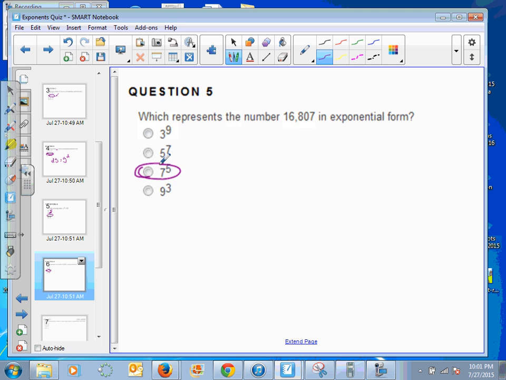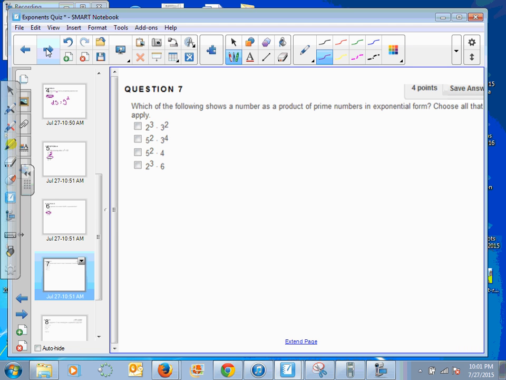All right, which of the following shows a number as a product of prime numbers in exponential form? Okay, prime numbers, quick review. The prime numbers are just the numbers that are divisible only by 1 and itself. So let's make sure that our choices have prime numbers. 2 to the third times 3 squared: those are both prime, so that's a good choice. 5 squared times 3 to the fourth: 5 and 3 are both prime.